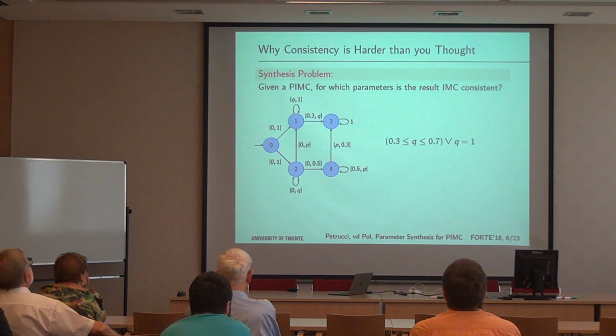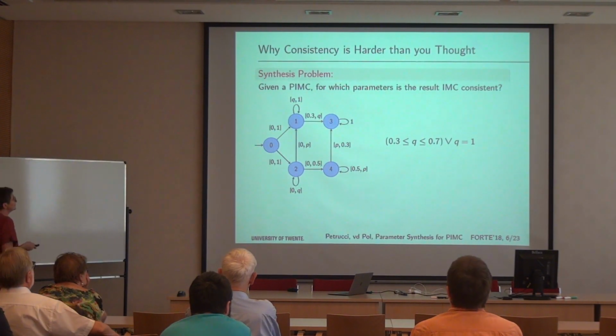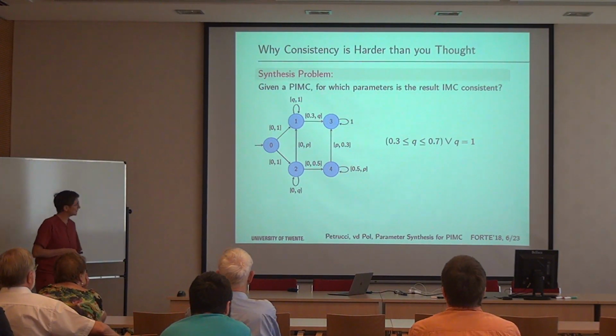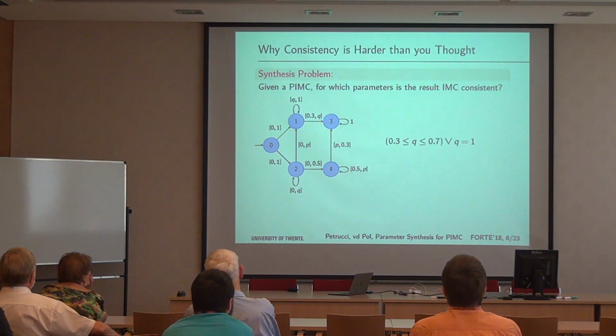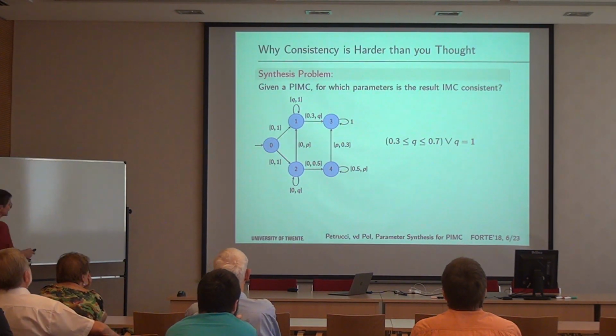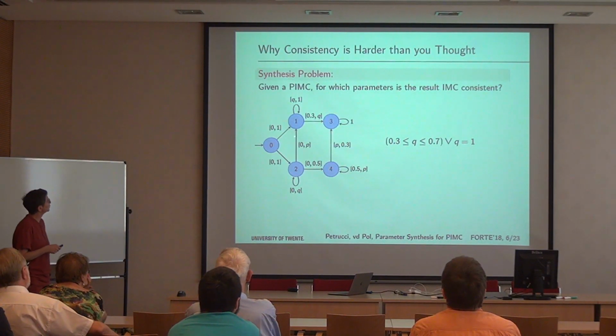So why is consistency not that easy? The synthesis problem in parametric interval Markov chains consists in saying for which parameters the resulting IMC is consistent. If I have this example, what happens?